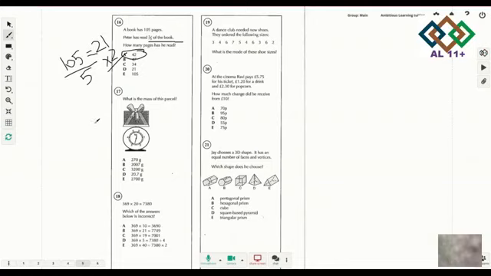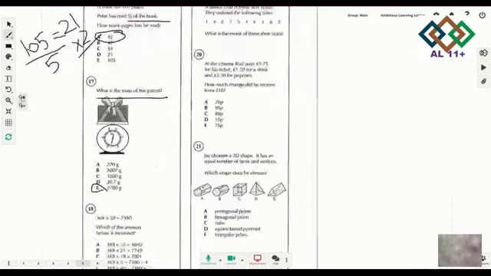Number 17 is an easy one. Again, that's a conversion. What is the mass of this parcel? You have to estimate in this one. So the answer for this one is E. So let me zoom in for you guys.